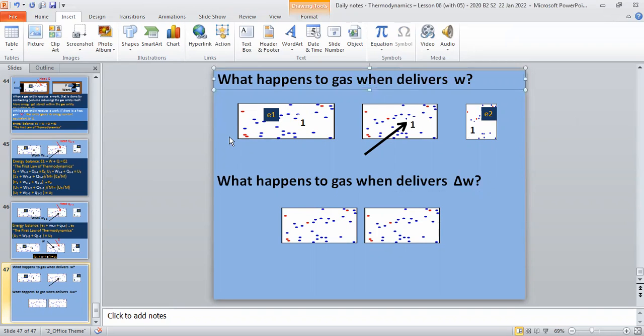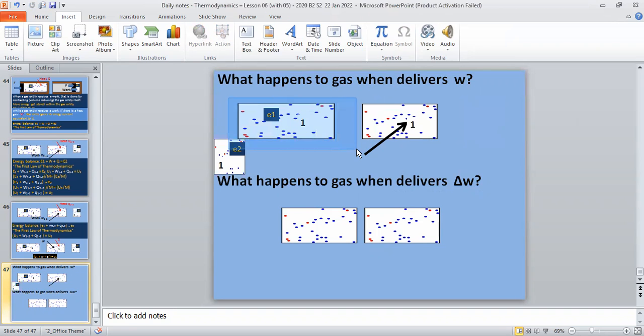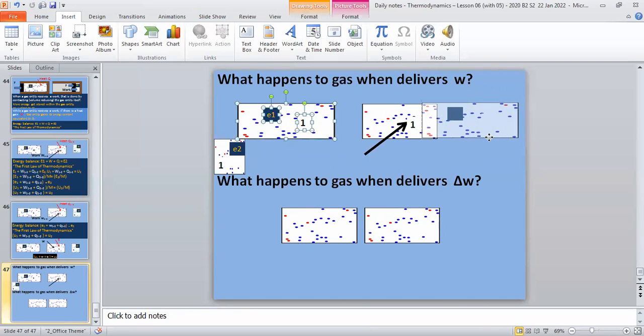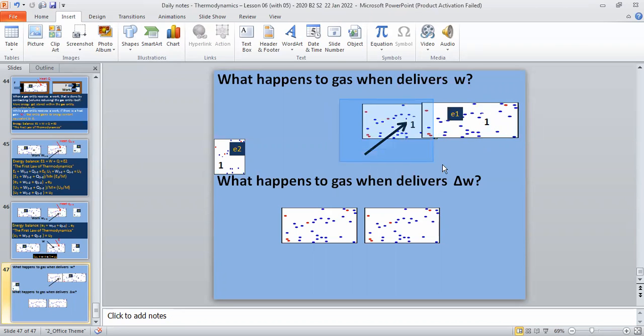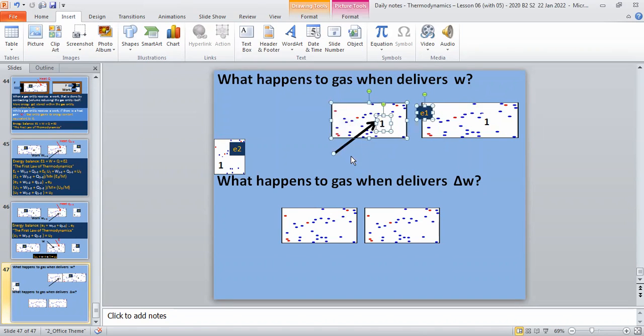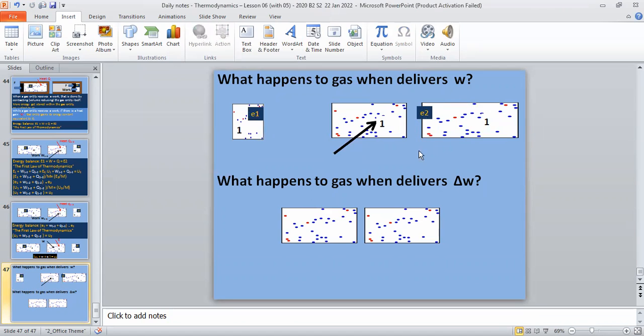This is one. Because we know that when it delivers, something like gas volume becomes big. We know that.